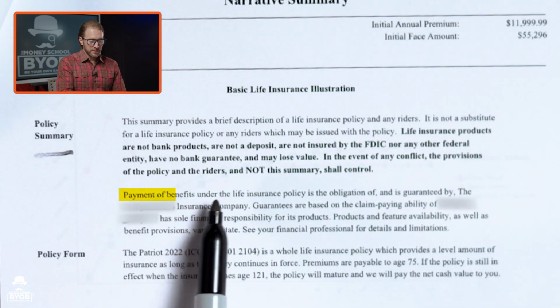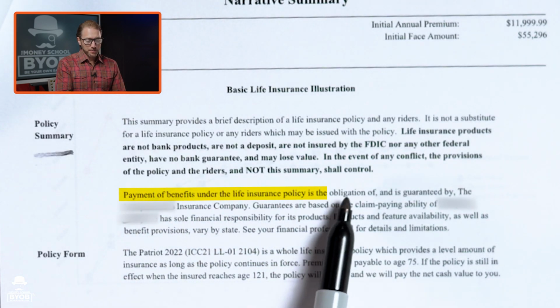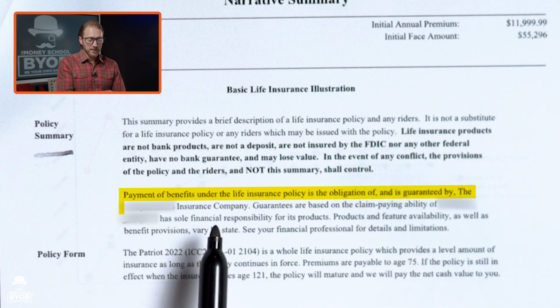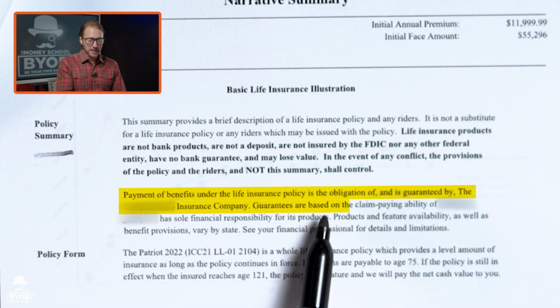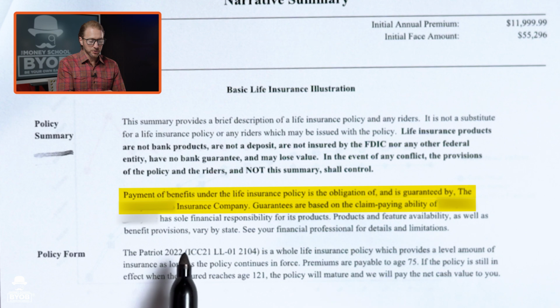Payment of benefits under the life insurance policy is the obligation of, and is guaranteed by, the insurance company. Guarantees are based on the claim paying ability of the insurance company and its sole financial responsibility for its products. So it's basically just telling you that this product is guaranteed by the insurance company, and not guaranteed or insured like a bank account would be.